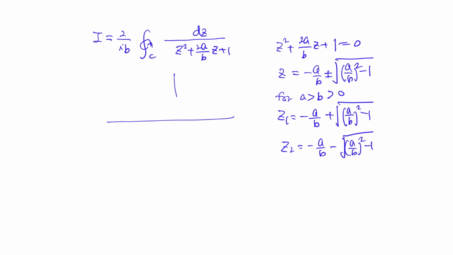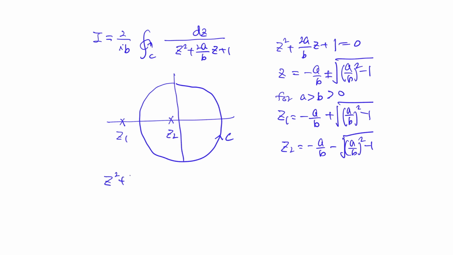Then we have the following. This is C. So z squared plus 2A over B z plus 1 is (z minus z1)(z minus z2), correct?